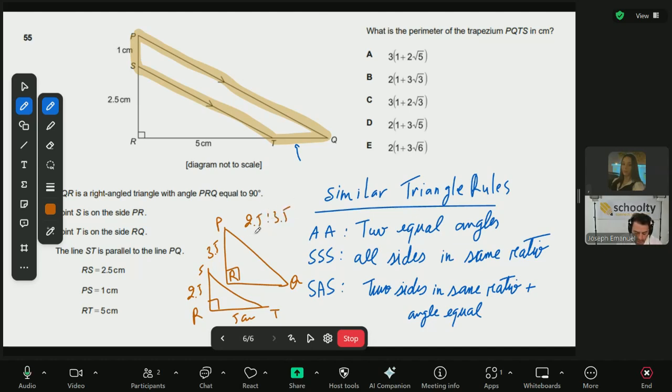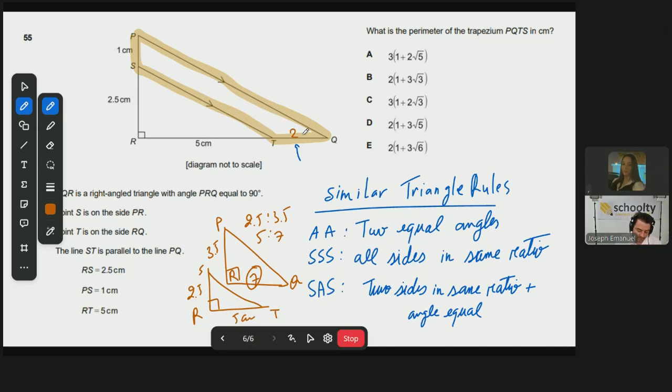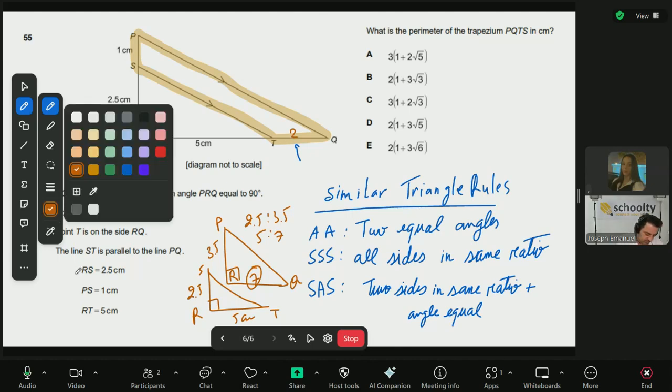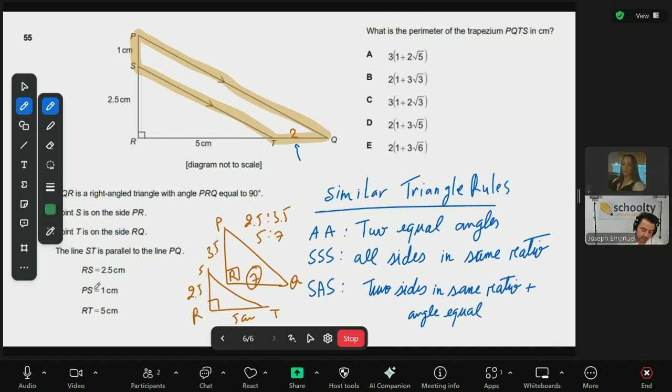Okay, so you have 2.5 to 3.5. Multiply by 2 to see it more clearly. So you have 5 to 7. So this one is 7. Okay. If this one is 7, so this one is 2, what we had before. So you have 1, you have 2. You need to calculate Pythagoras for the two triangles. So we have 2.5 squared plus 5 squared.